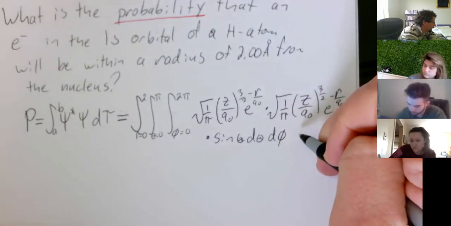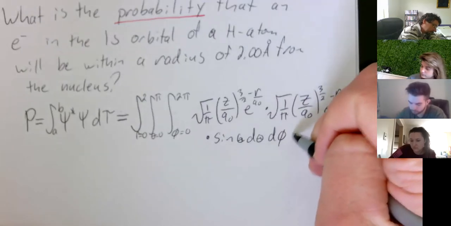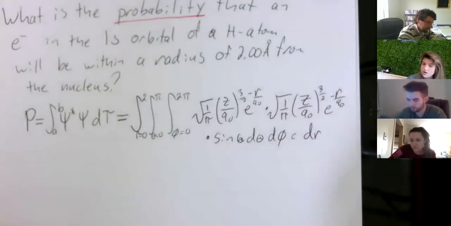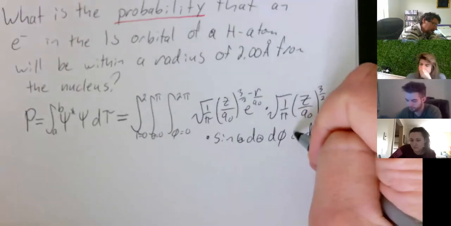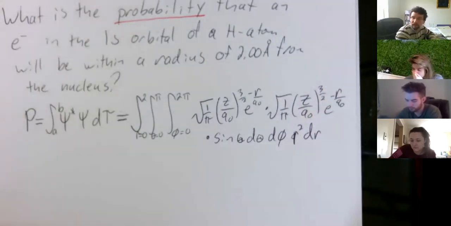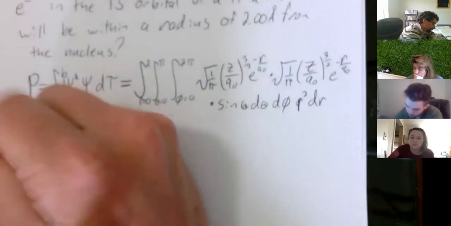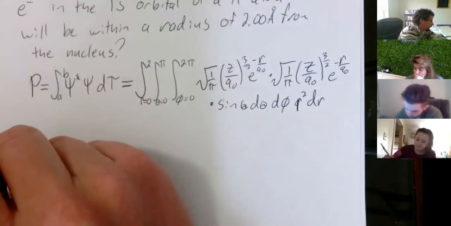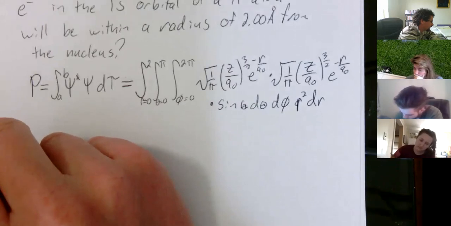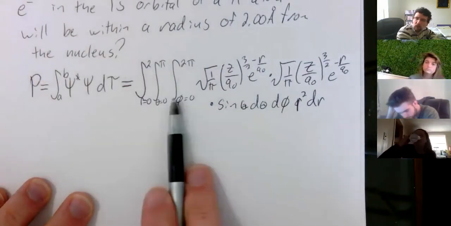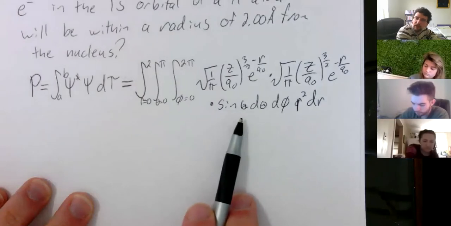And there's one thing that we forgot with our dr. What else do we need with our dr? Is it just a little r? We need r squared, actually. Okay. We'll stop here and go through this expression next time.